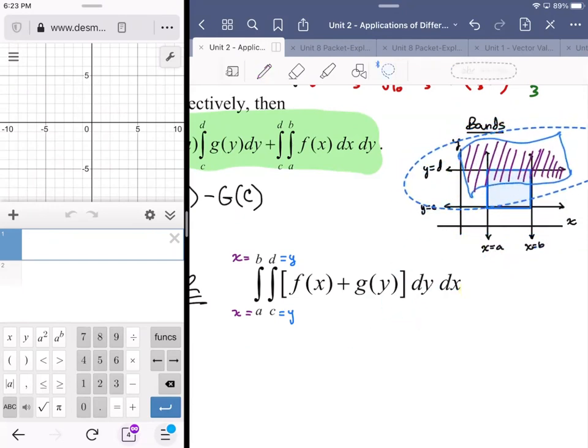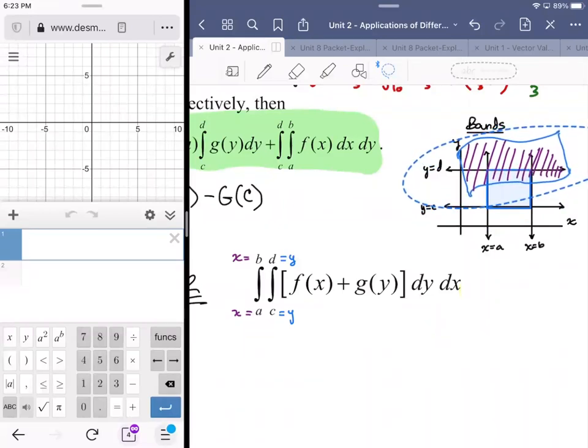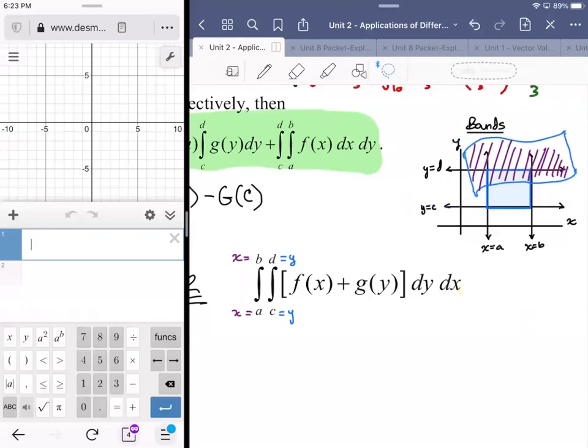All right, so this three-dimensional surface is hovering over that base region. And so in doing so, it creates a volume. That volume is based off of a rectangular solid everywhere except for the top, right?